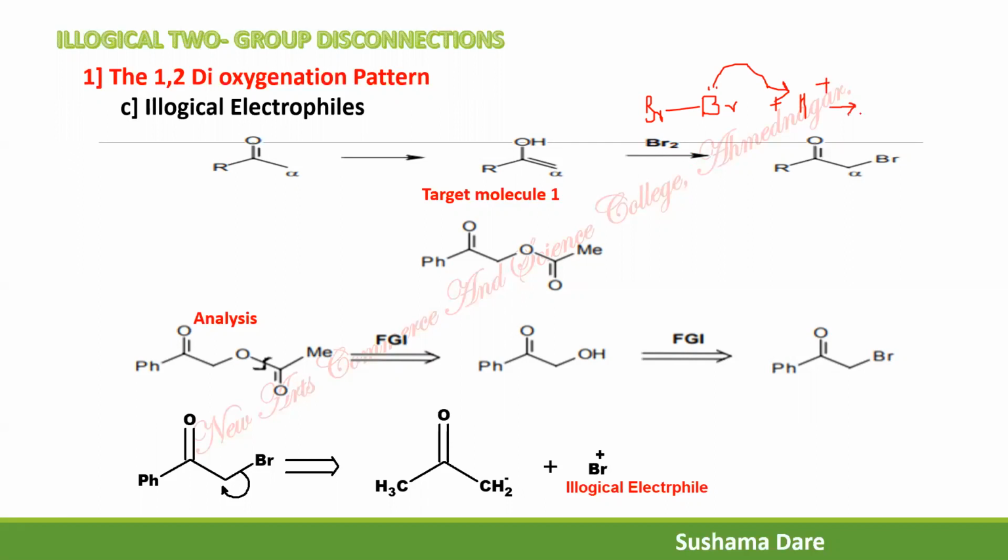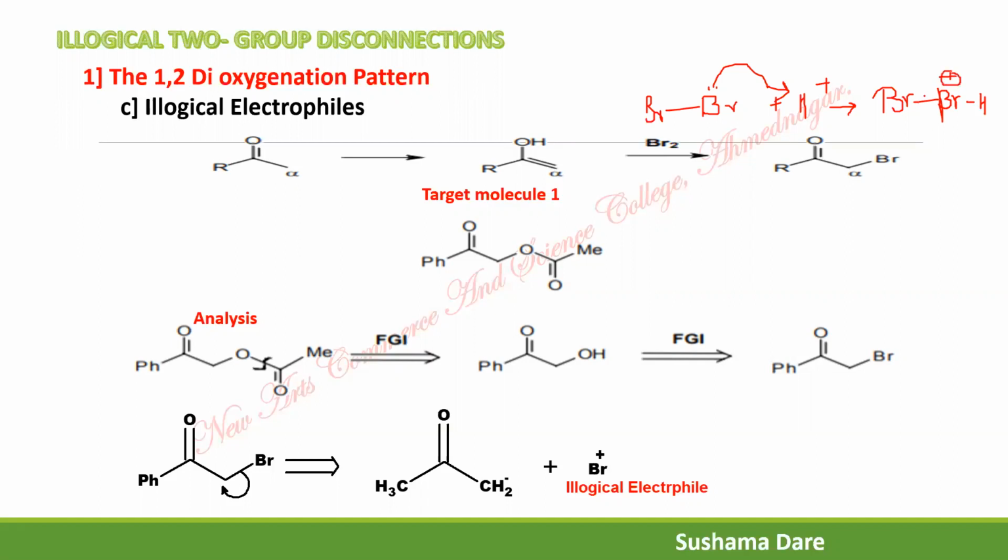Hence it gives Br, then Br and H. The Br donates its electron, so there is a positive charge.